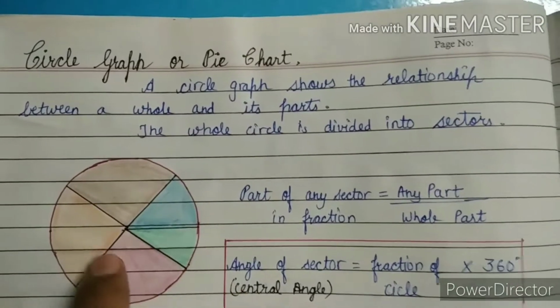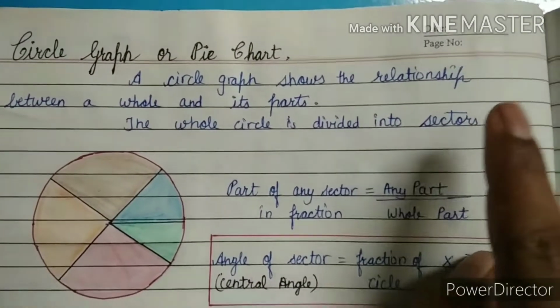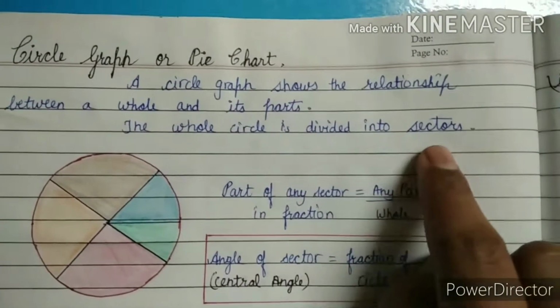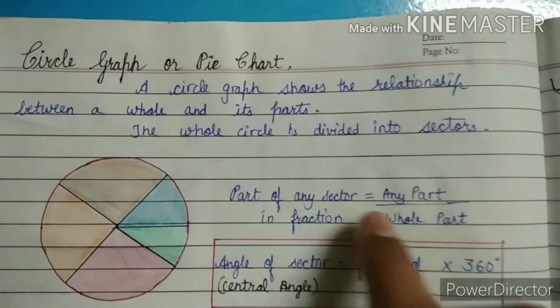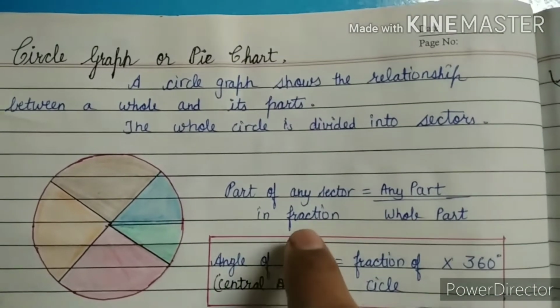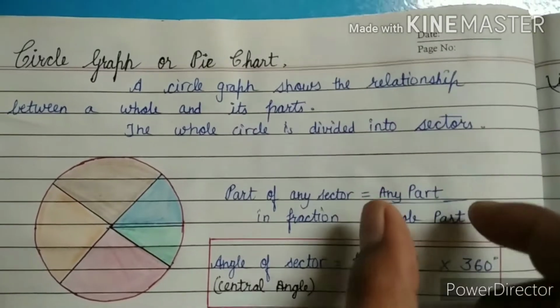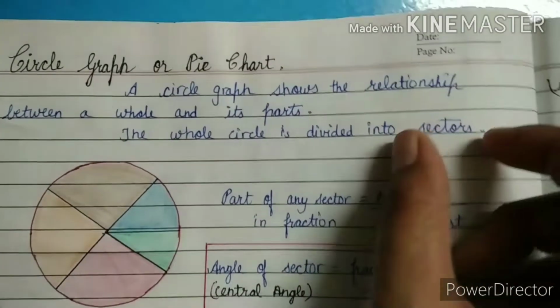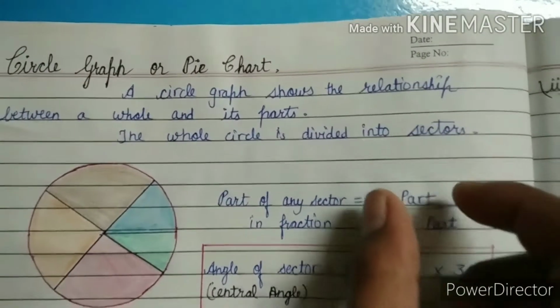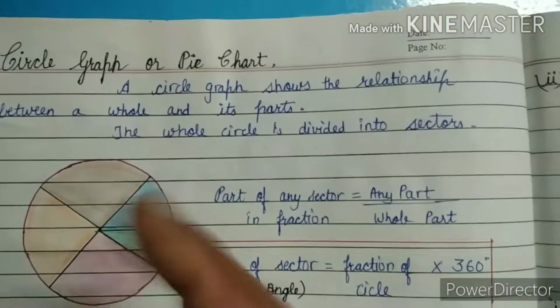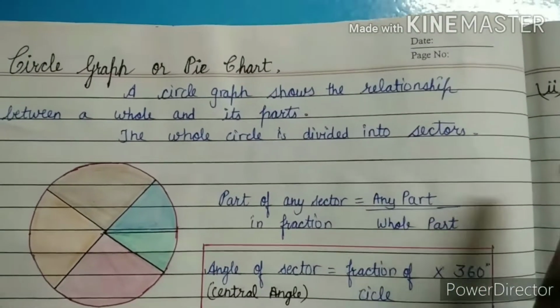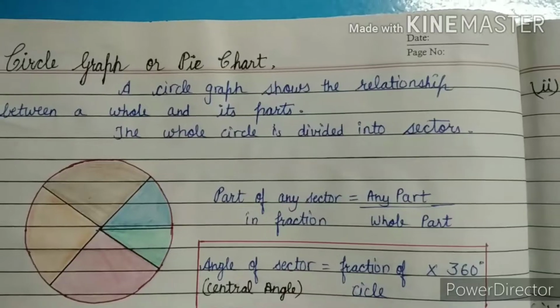So they are all called sectors. So how to find sectors? Sectors we can take as a fraction. Fraction means any part divided by the whole part. Sector uses the same method. We can take any part of anything and divide that part by the whole part.